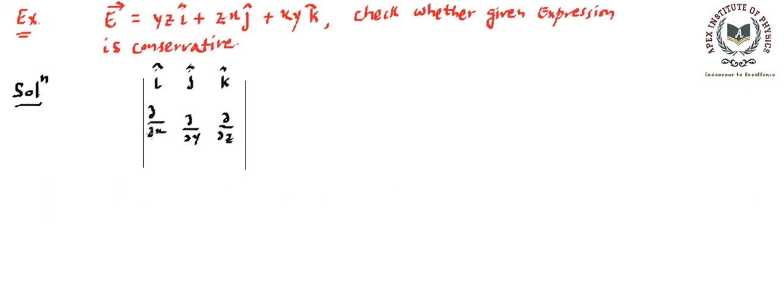Here Ex is yz, Ey is zx, and the last is xy.